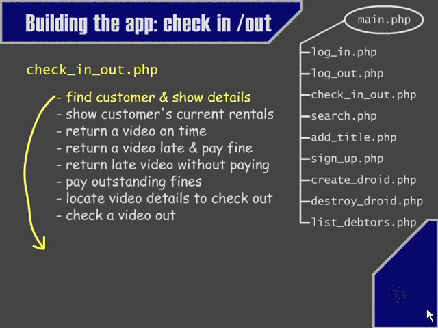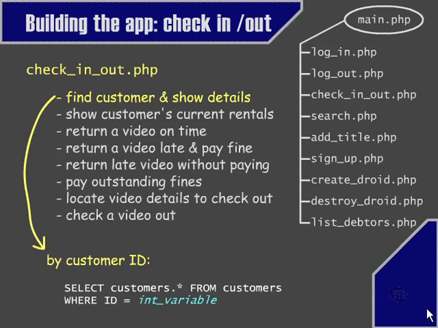The SQL query, I should say, which we use to accomplish this is different depending on what the search criteria is. If the customer comes in with their membership card, we can assume that they'll have their ID printed on it and it will just simply be a matter of typing in the number, in which case our SQL query is quite a simple one.